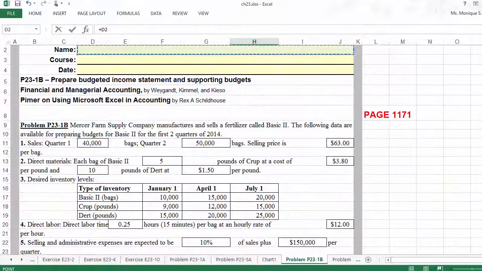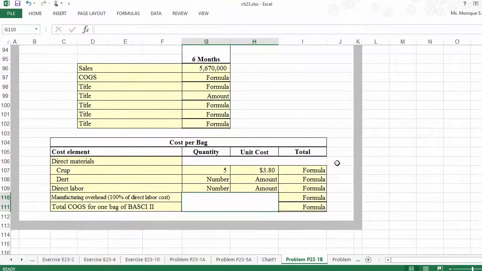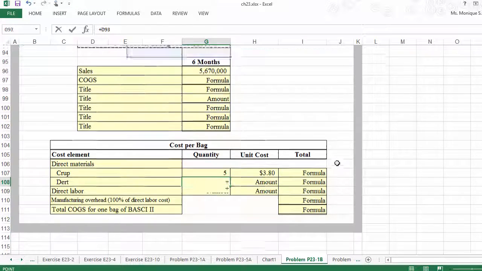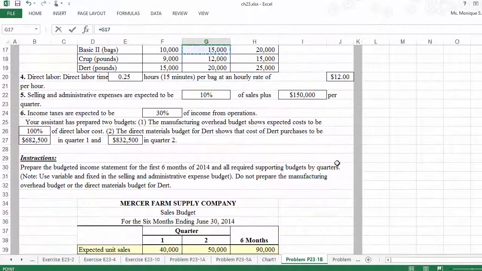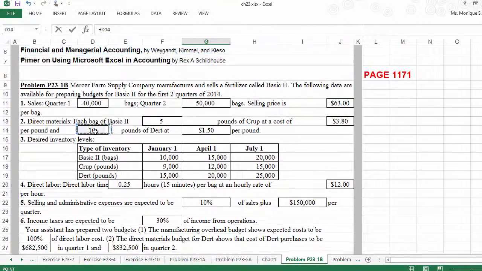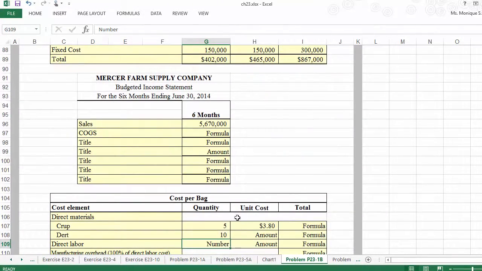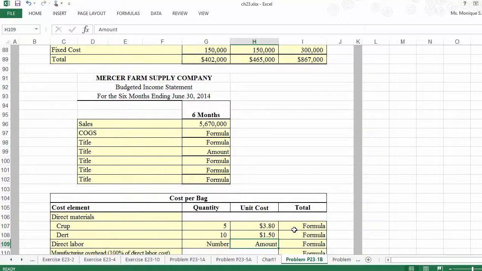And our dirt was 10 pounds at $1.50 a piece, I think it was. I don't remember, so long ago. So 10 pounds, and then we'll have our $1.50 for the price per pound. And then we'll just multiply it out. So we're going to figure out the cost for one bag of basic 2.